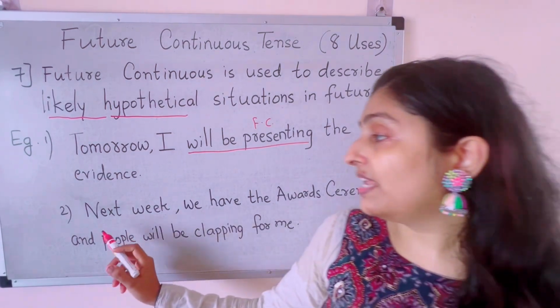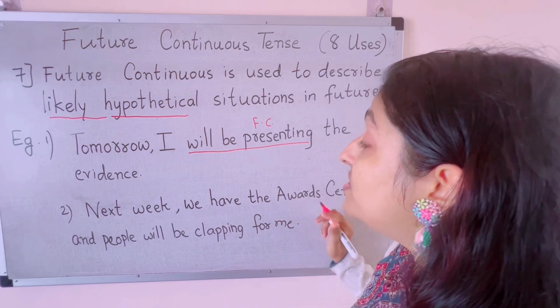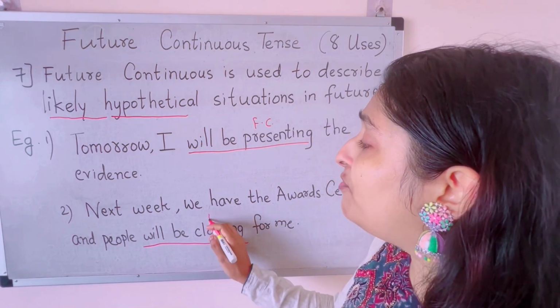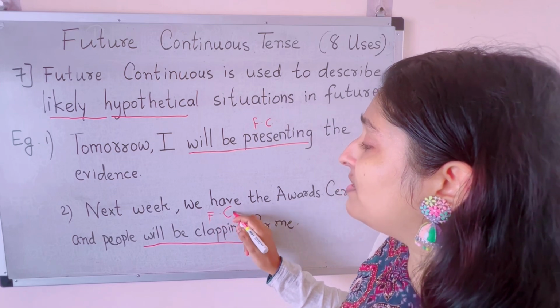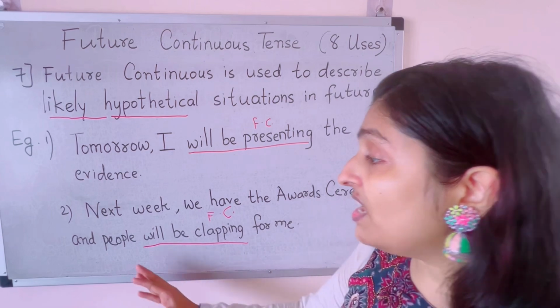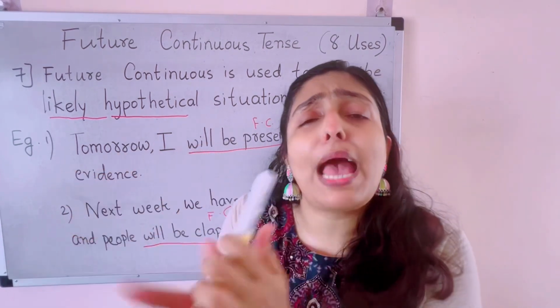Now, second example is next week we have the awards ceremony and people will be clapping for me, future continuous tense. People will all be cheering for me. People will be clapping for me.